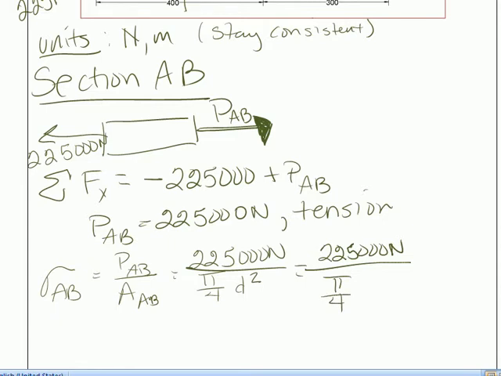The diameter was given as 35 millimeters. Converts to 0.035 meters. So 225,000 newtons over 9.621 times 10 to the minus 4 meters squared.